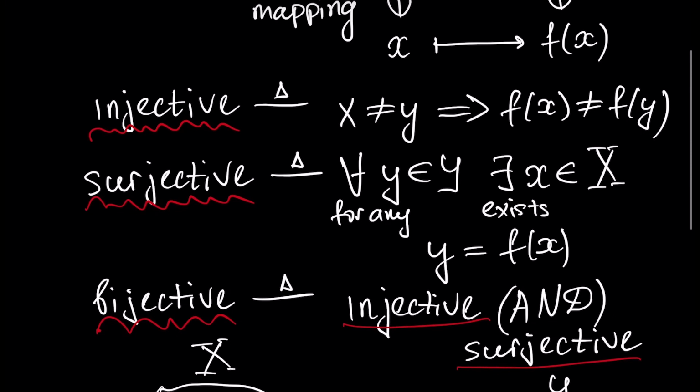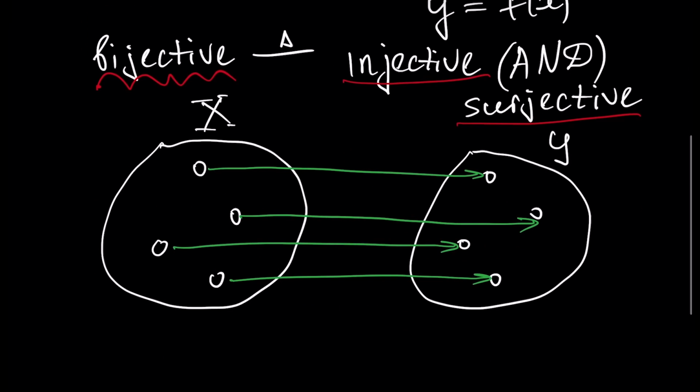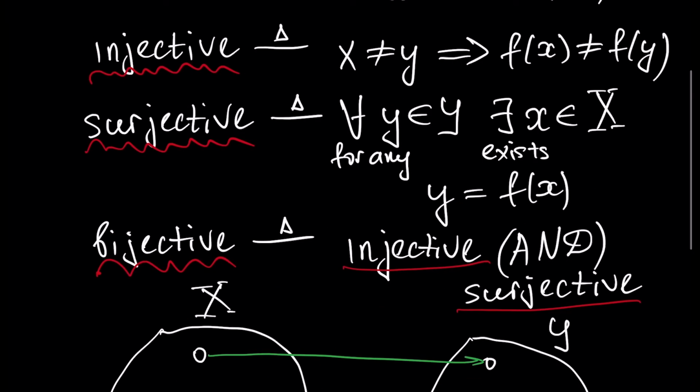Because this is bijective, and by definition, this is injective and surjective. And injective means different elements are mapped into different elements. And that's why these two elements cannot be mapped into one element. And from other side, we cannot have the situation when we have some element here, and we do not have any element in X here, such that this element is mapped into this element. Because this is surjective mapping, and for any y in big Y, we have some x such that y is equal to f of x.